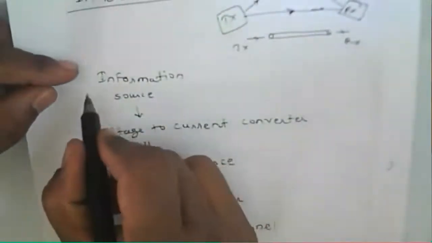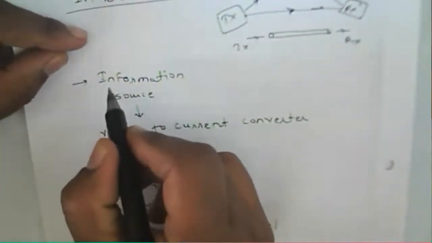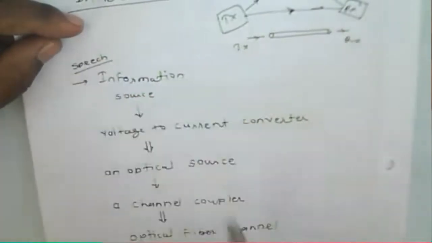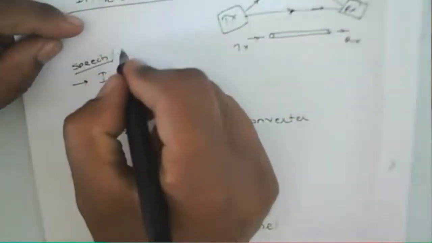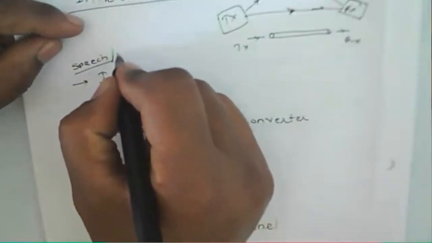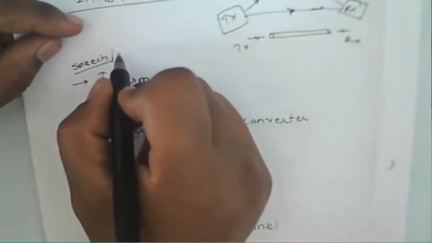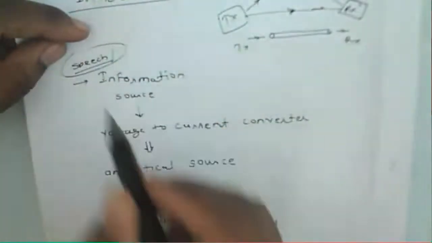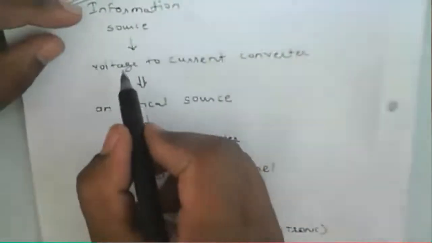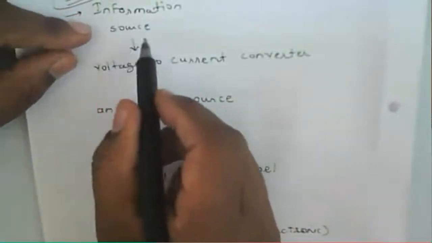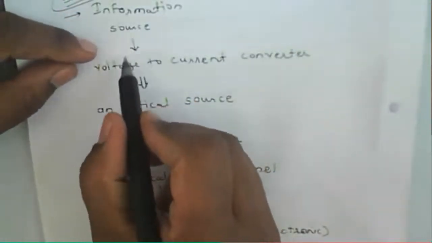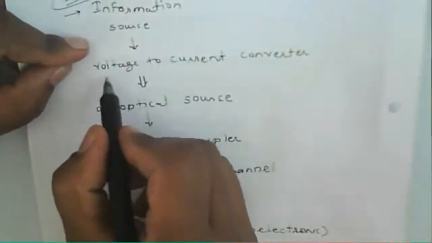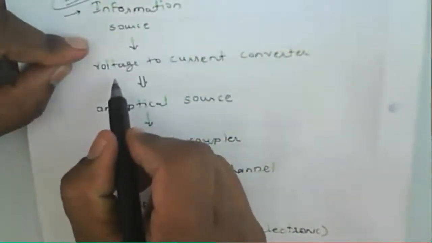Suppose the information source is a speech signal, or any communication signal, or a video signal, or any source we have. That source has some level, so we say it is a voltage.